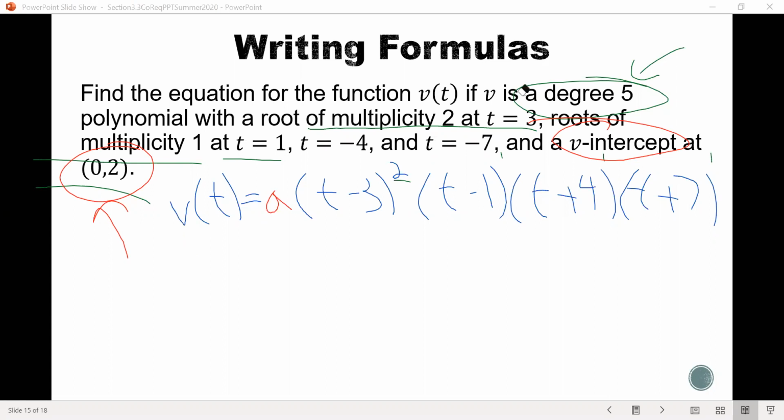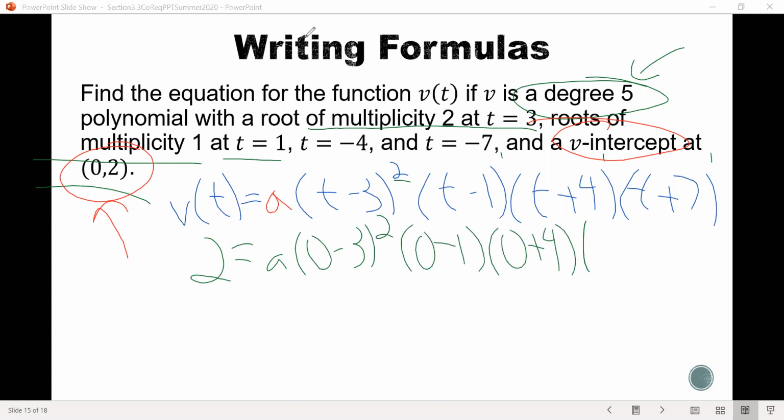So we'll plug in that information. We'll say 2 equals a times (0 minus 3) squared times (0 minus 1) times (0 plus 4) times (0 plus 7). Could multiply all that out, solve for a, and when we do that, sorry, just doing this in my calculator here.